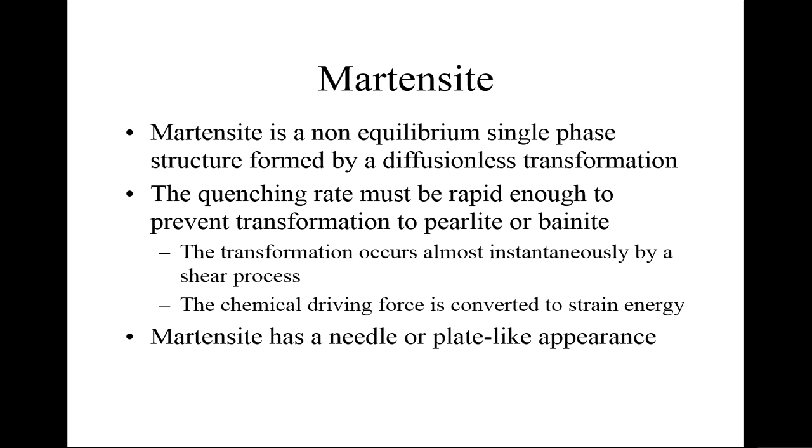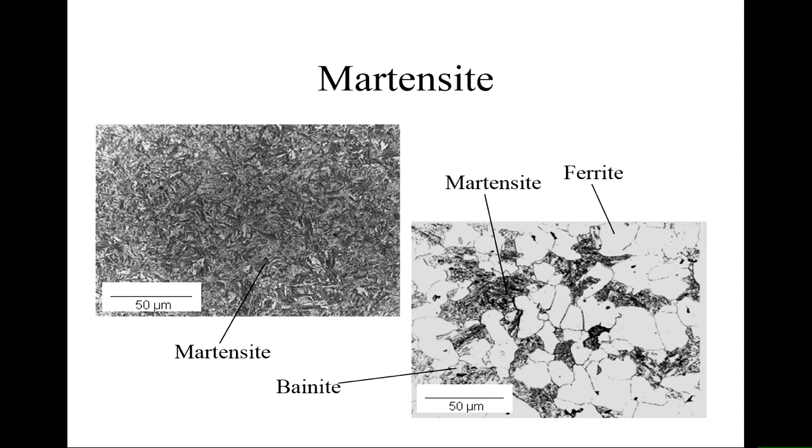Martensite looks very different to the ferrite and pearlite structures that you might have seen in the previous slides. It has a needle or plate-like appearance. In fact, it's very difficult to see anything unless you've got a very high magnification microscope, because it happens over very small areas. So just as an example, this is martensite, and this is a similar low carbon steel to what was shown previously, where we had white grains of ferrite and then regions of pearlite.